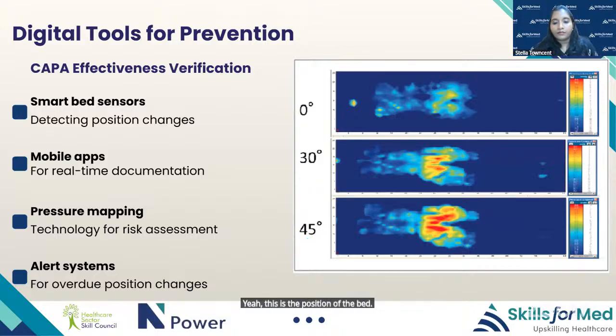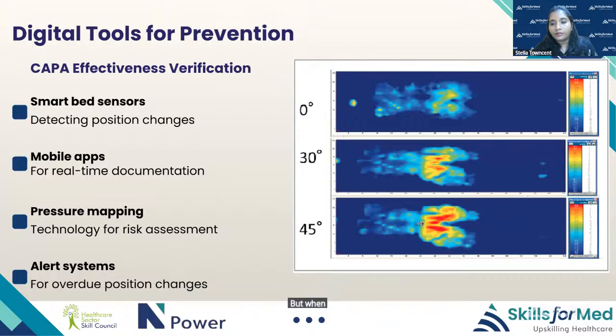Here you can see the patient lying down flat. The red is the very high pressure, the blue is the lowest pressure. So this is the head end, okay? The head is on the right side and the foot is on the left side. You can see the sacral area when the patient is lying down doesn't cause much pressure.